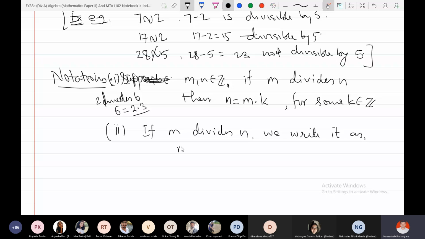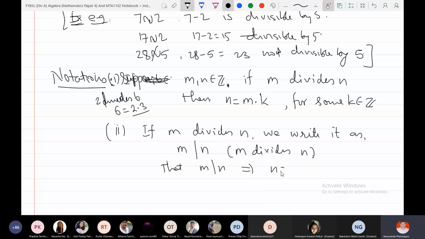We write it as m, vertical line, n. A vertical line, not a slanting line or backslash. So this is clearly a vertical line. m divides n. So what is the meaning of this? m divides n implies n is equal to m times k for some integer k.